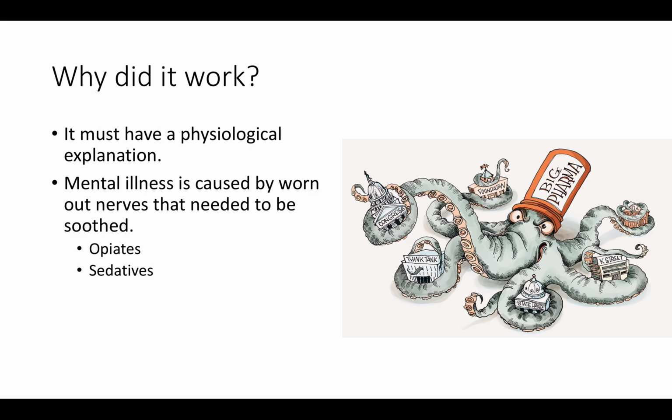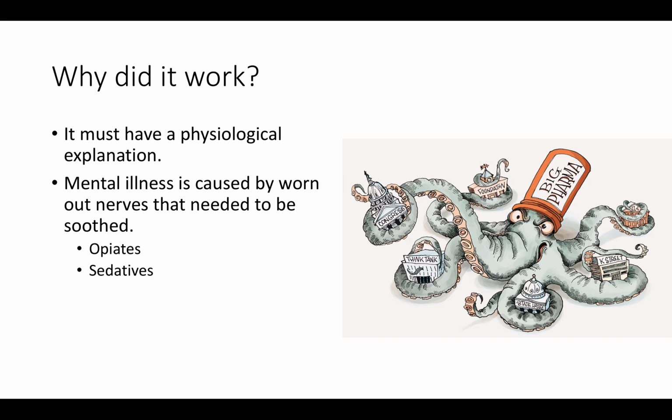And the best guess they had, and they were very confident in this guess, was that people with mental illnesses just have worn out nerves. Their neurons have been firing too much and they're just no longer firing correctly. And what they need is to be soothed somehow. And that's why moral treatment worked. It's because you put them under less stressful living regimens, and it gave their neurons and their nerves a chance to heal themselves and start functioning properly again.